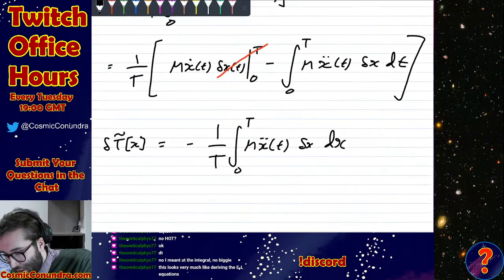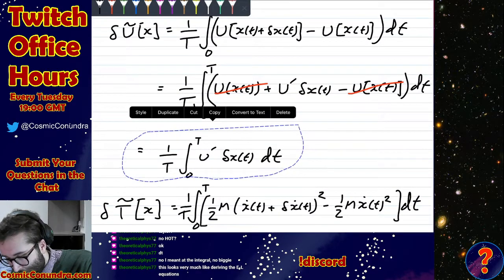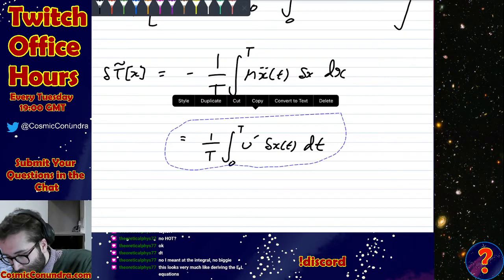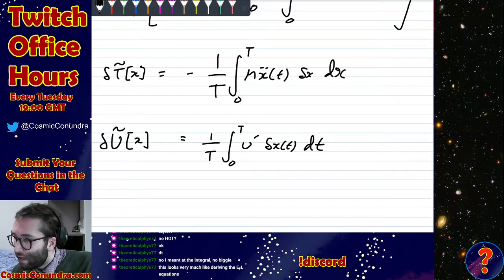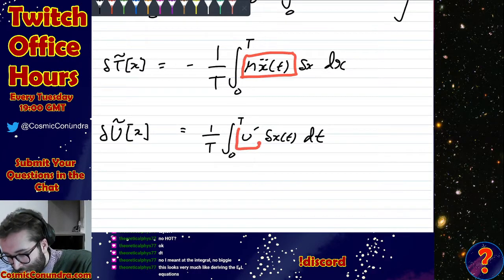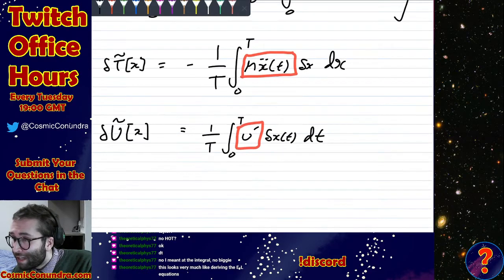So let me copy down the equation for delta Vx we had here. Now we have these two equations for the variation in the average kinetic energy and the variation in the average potential energy along the path. But you'll notice that what is inside here of these integrals is precisely what we had related from Newton's second law.